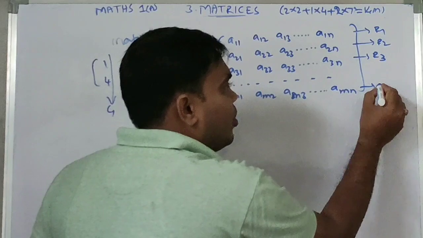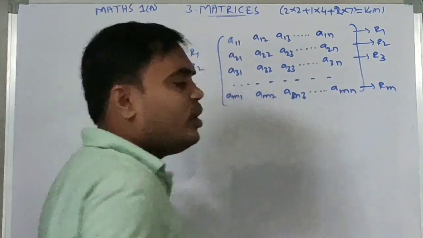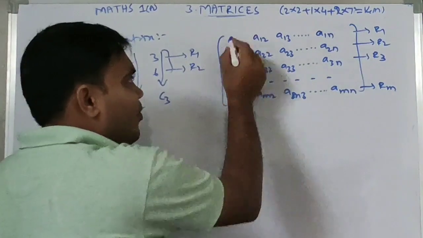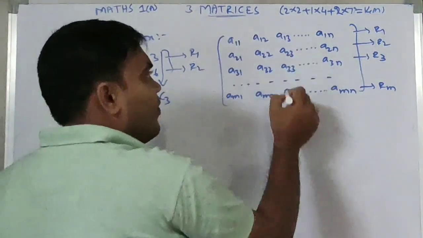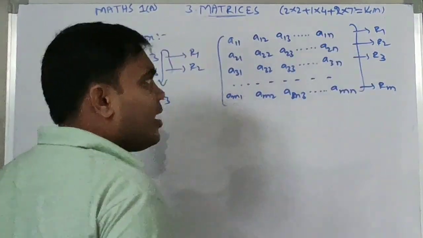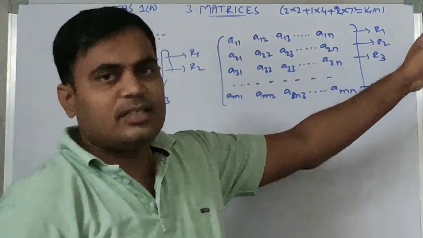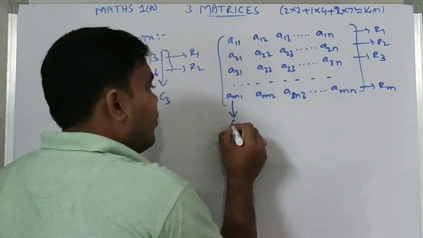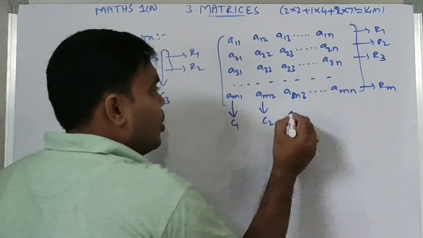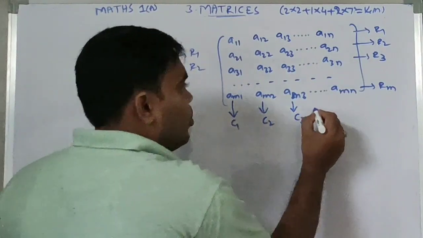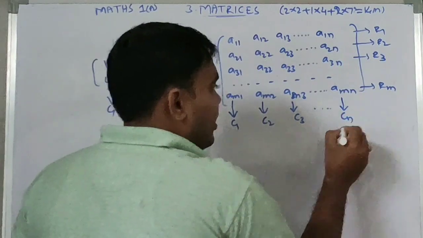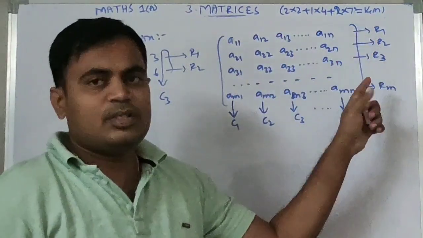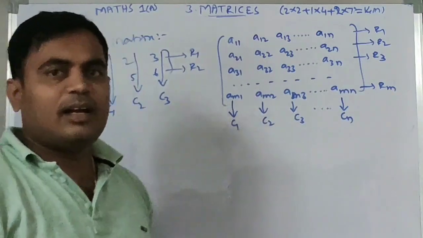And how many rows in total? m rows. Next, columns: the vertical elements are columns, and horizontal elements form rows. This is column 1, column 2, column 3 up to column n. So this matrix contains m rows as well as n columns.